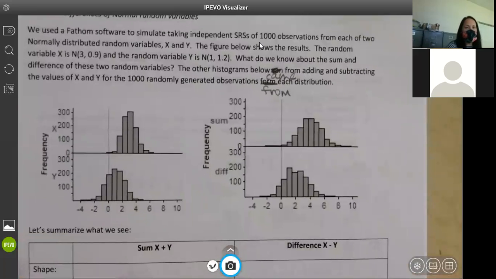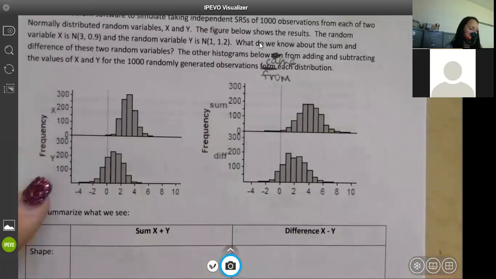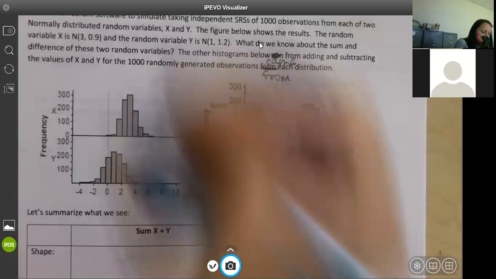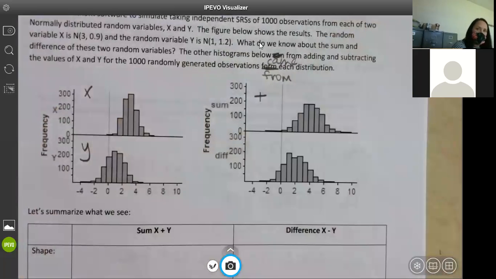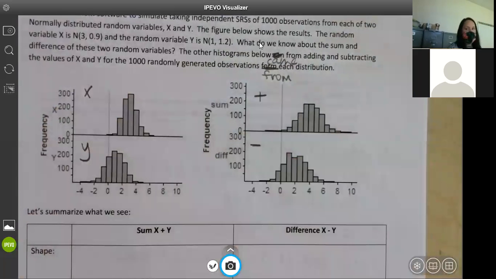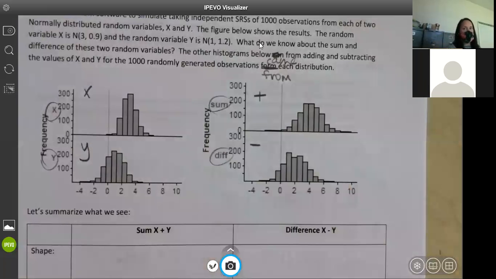You guys see them. This is X and Y. The top is just X by itself. The bottom is just Y by itself. This is the addition of X and Y. This is the subtraction of X and Y. Okay. Does everybody see that? X, Y, sum, difference. All right, so let's summarize what we see.